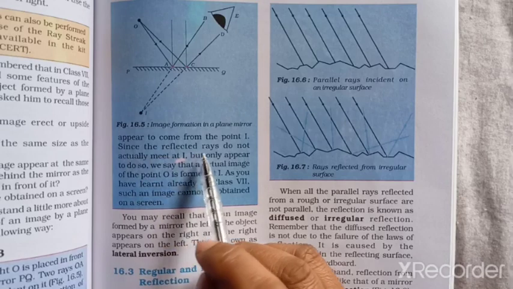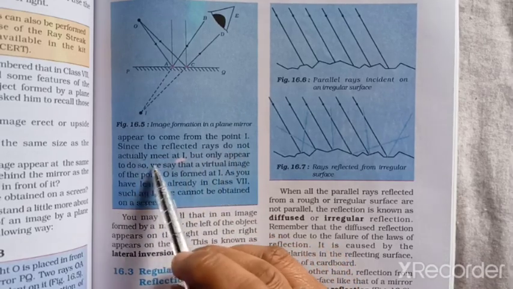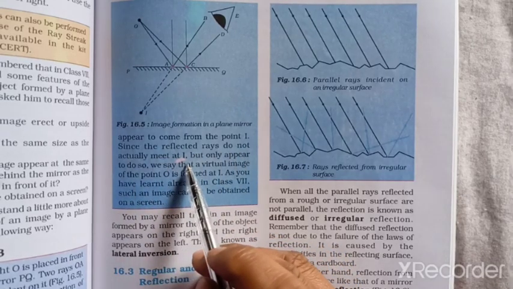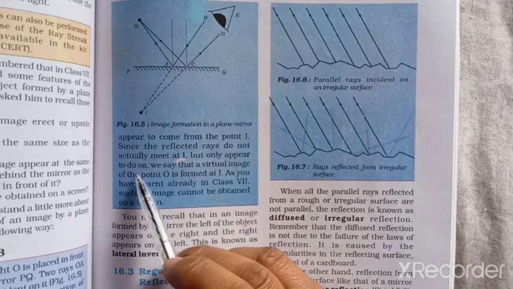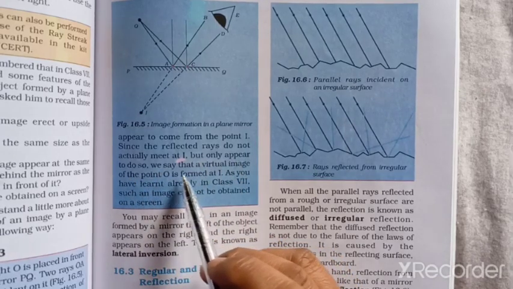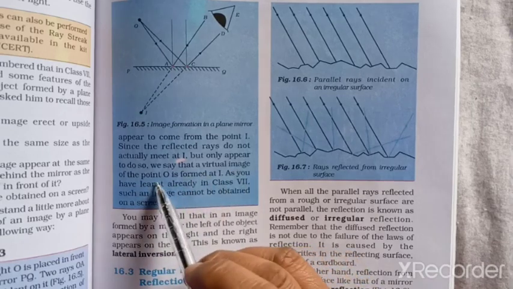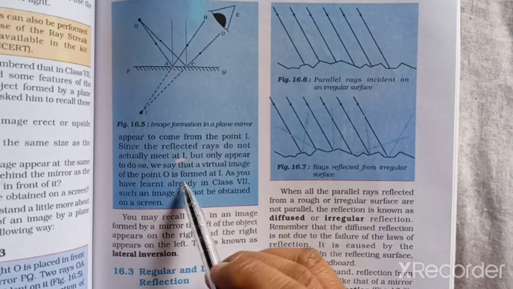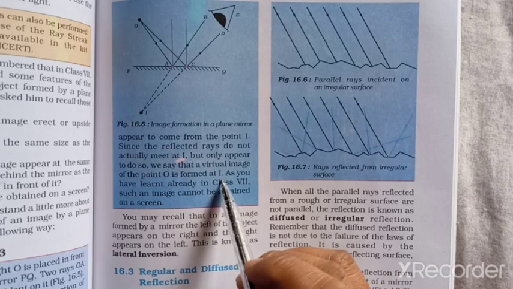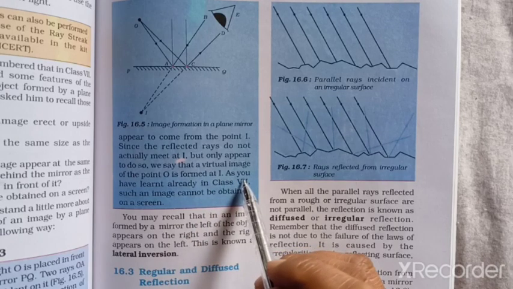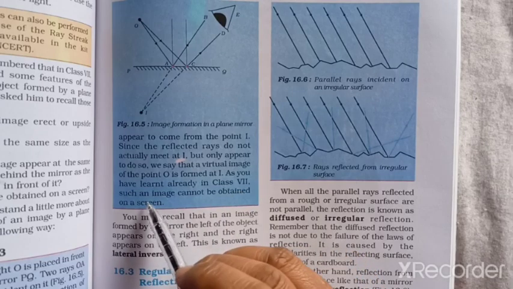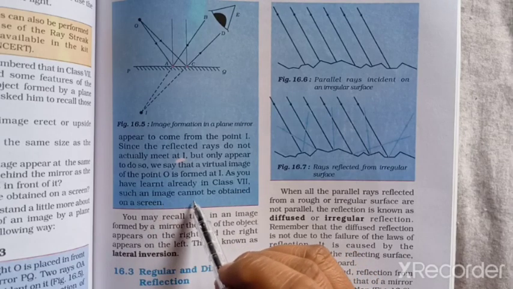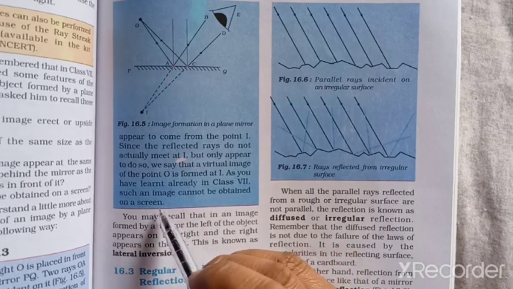Since the reflected rays do not actually meet at I, but only appear to do so, we say that a virtual image of the point O is formed at I, as you have learned already in class 6. Such an image cannot be obtained on a screen.